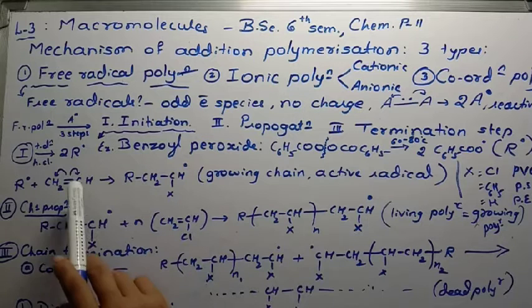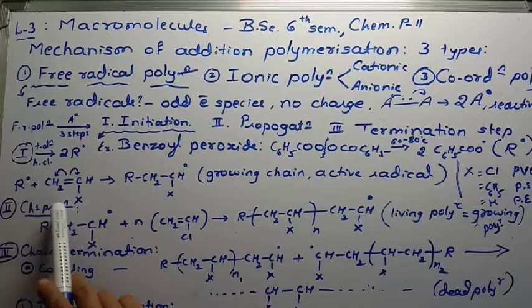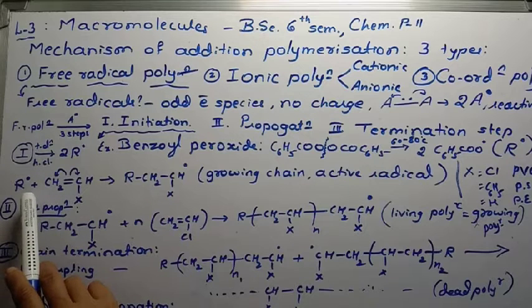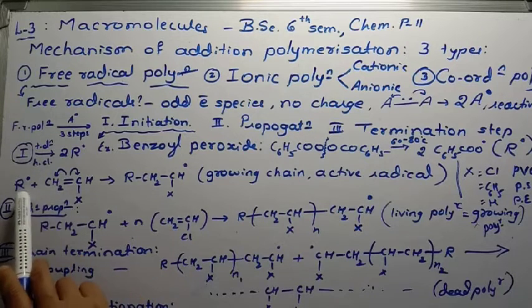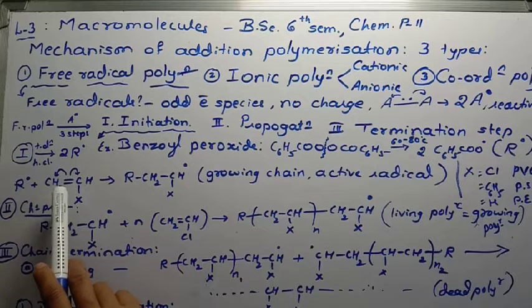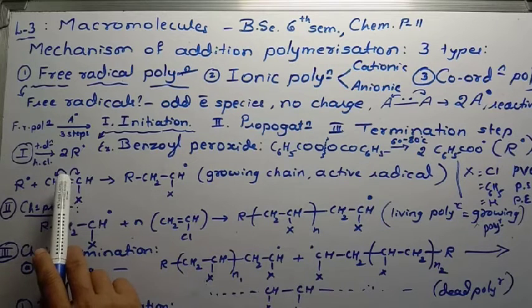So in general it is taken as X, and when this monomer reacts with the free radical, the free radical attacks the molecule at the unsaturated site. That means one of the bonds of this double bond will break.